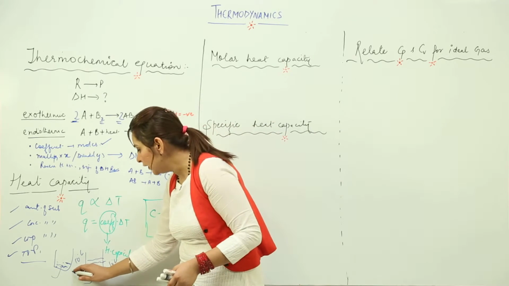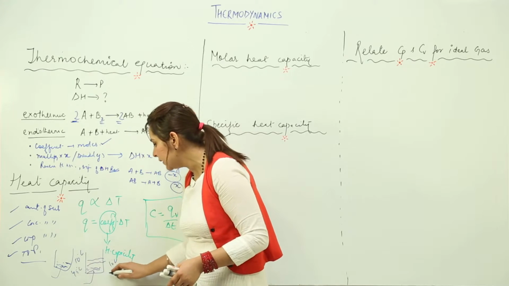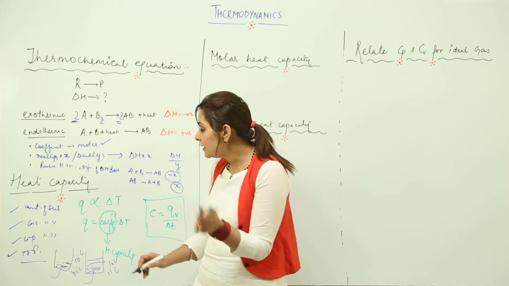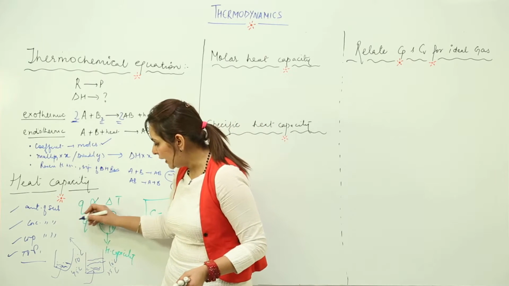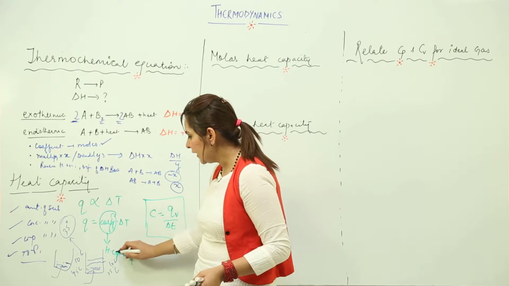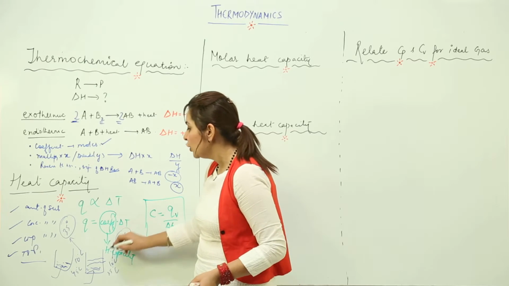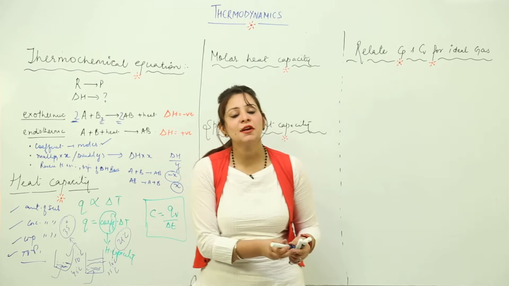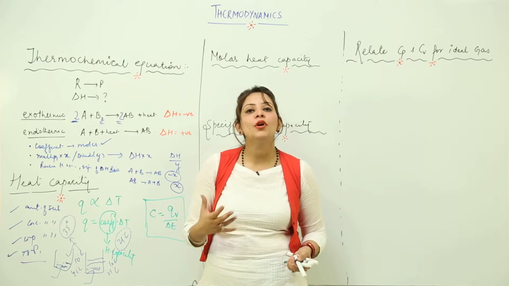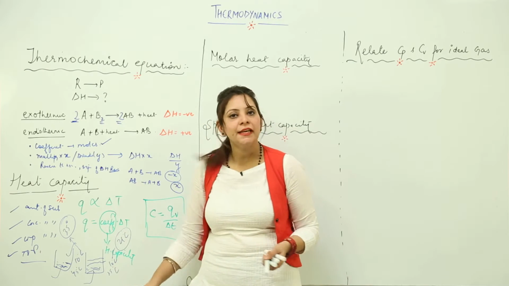I get to see that the temperature of this rises to 45 degrees Celsius and in case of this it rises to 35 degrees Celsius. So that means what is the change? So overall change is 35 and in this case overall change is 25. So this indicates that lesser is the amount, less is the heat capacity. More is the amount, more is the heat capacity. So this is what is the heat capacity.